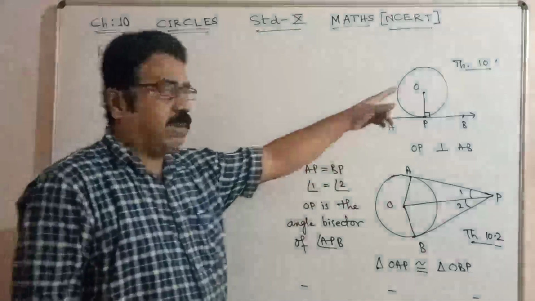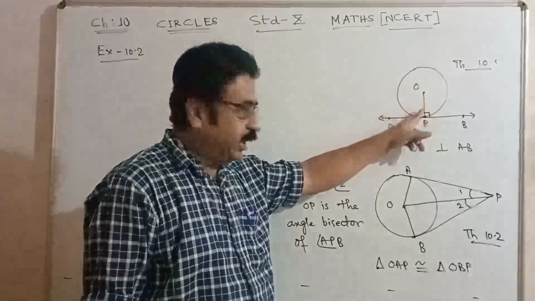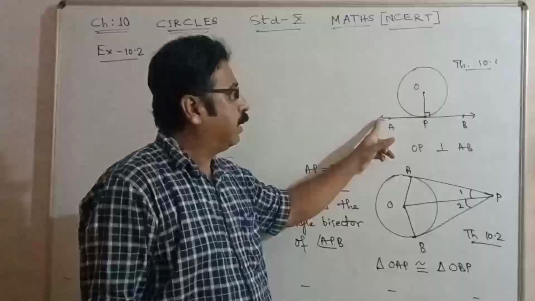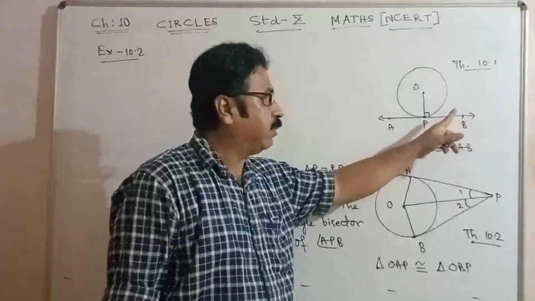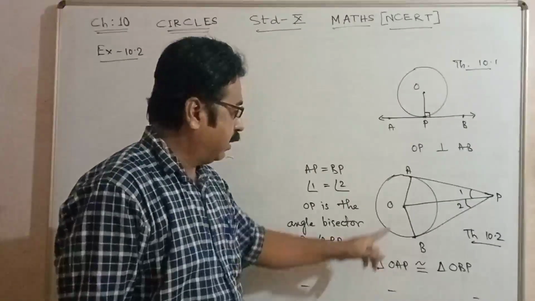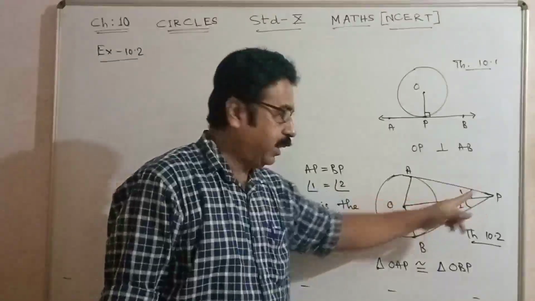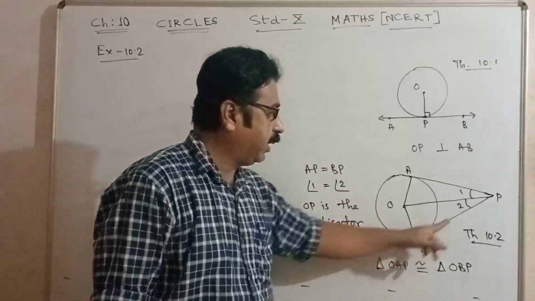So in theorem 10.1 we got the radius is perpendicular to the tangent at the point of contact P. In theorem 10.2 we got this triangle OAP is congruent to this triangle OBP.